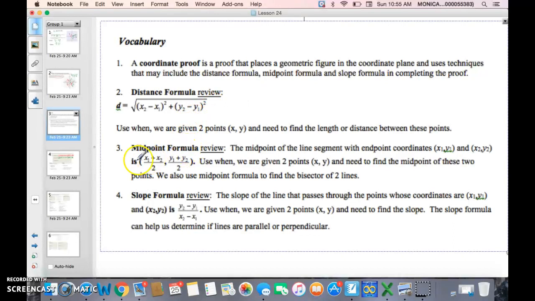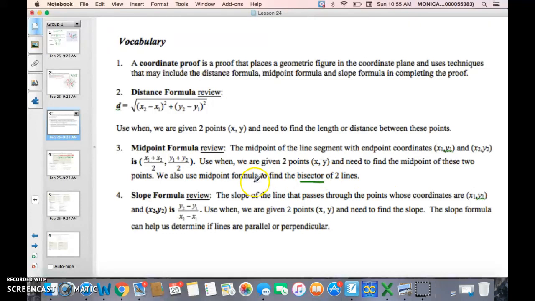Okay, midpoint formula again is here, and remember we use the midpoint to find the halfway point between 2 points. We call that the bisector. So that's a key word. And then slope formula is here, y2 minus y1 over x2 minus x1. And again, that tells you the steepness of the line. Is your line a positive line or is your line a negative line?